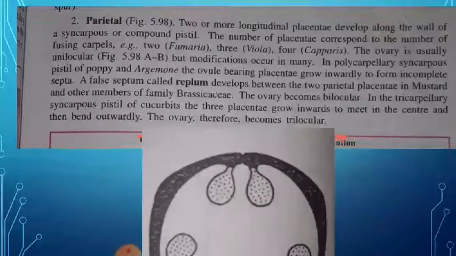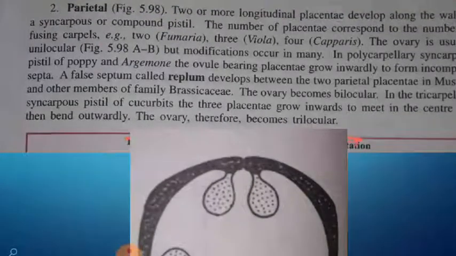Second is parietal placentation. In parietal placentation, two or more longitudinal placentae develop along the wall of a syncarpous or compound pistil. The number of placentae corresponds to the number of fused carpels.